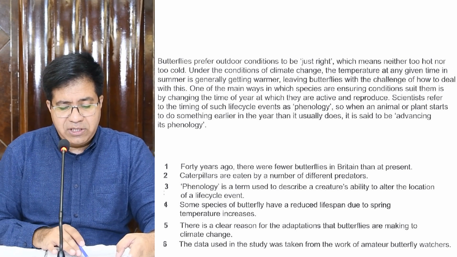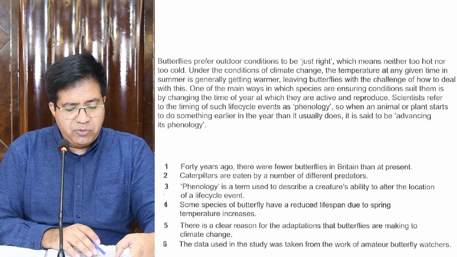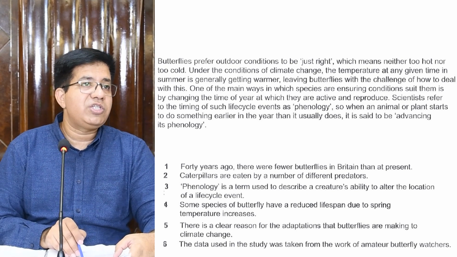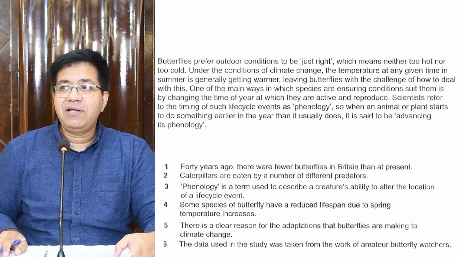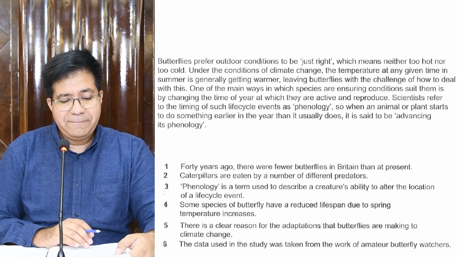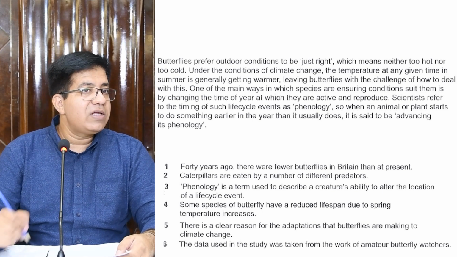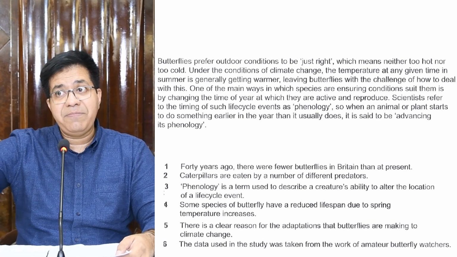Scientists refer to the timing of such life cycle events as phenology. Now, phenology is about timing. Is it about location? No. What's the answer? False. Have you got it? Why? Because in the question they have written location and in the passage they have written timing.